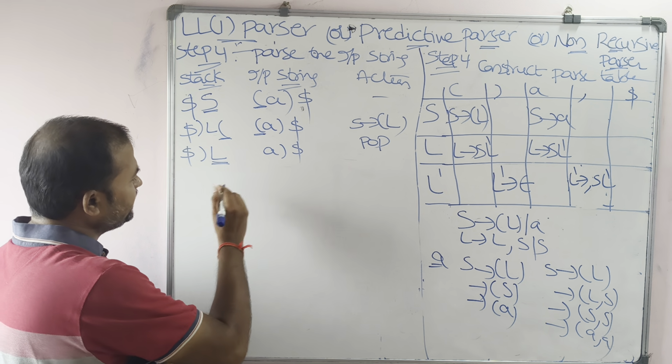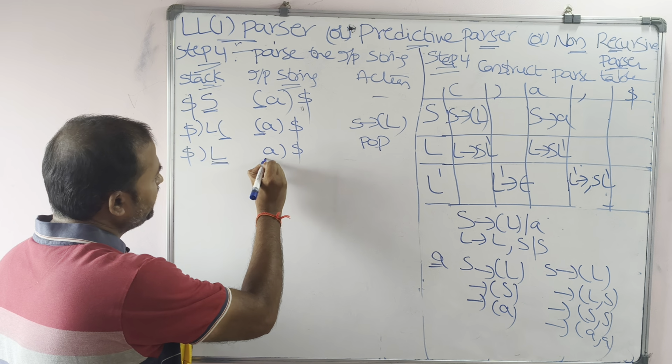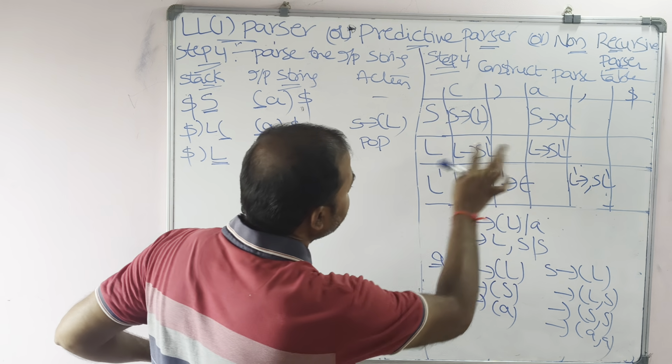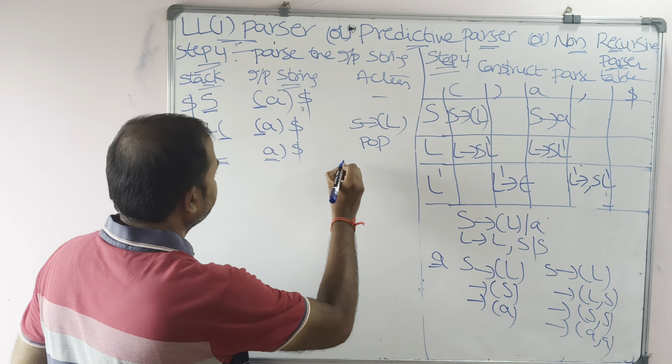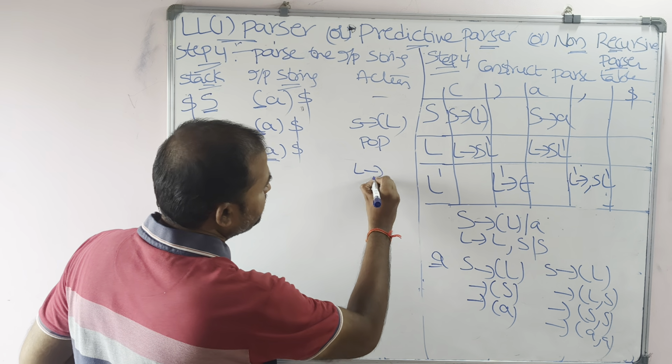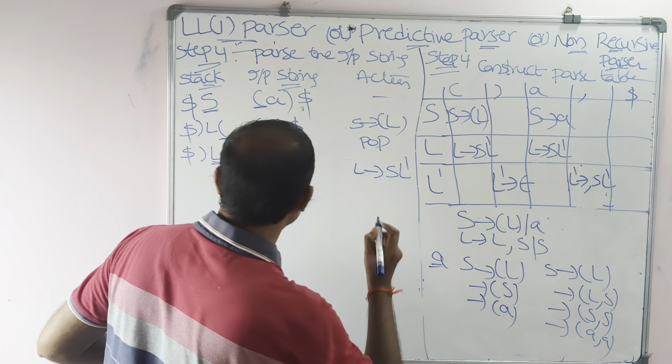Next, the top of the stack is L. The input symbol is A. So the action is L produces S L dash.